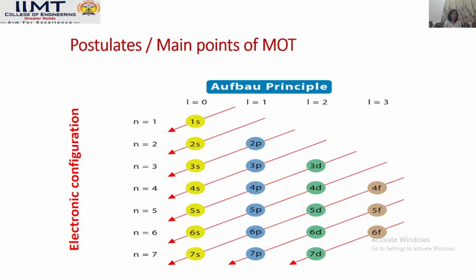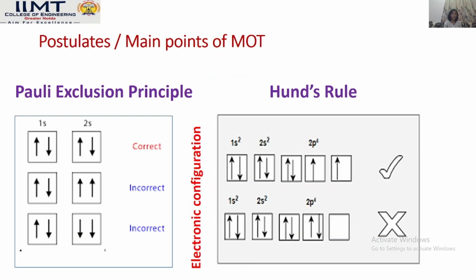Electronic configuration. According to molecular orbital theory, the filling of orbitals takes place according to the Aufbau principle, Pauli exclusion principle, and Hund's principle. These principles state that electrons are filled in order of increasing energy level, as shown in the figure. No two electrons can have the same set of four quantum numbers, as per the Pauli exclusion principle.